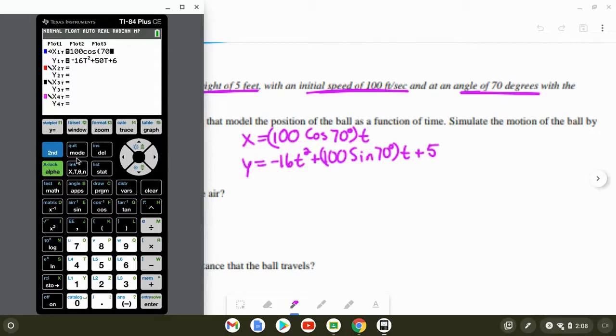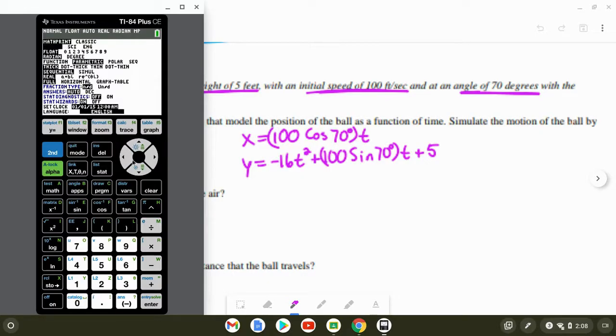Make sure that when we close it, t, negative 16 t squared plus 100 sine of 70, close it t, and then plus 5. Make sure that now that we're talking about sine and cosine, in our mode we are in degrees because, again, the calculator on the Chromebook automatically starts in radians mode, so we got to make sure we're in degrees mode.